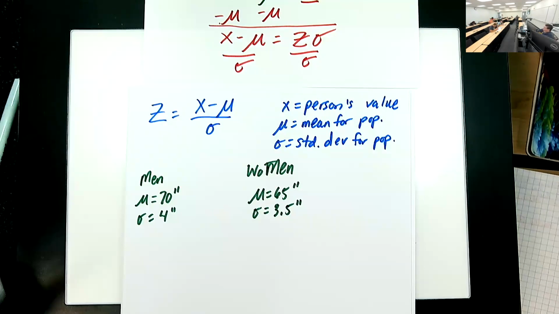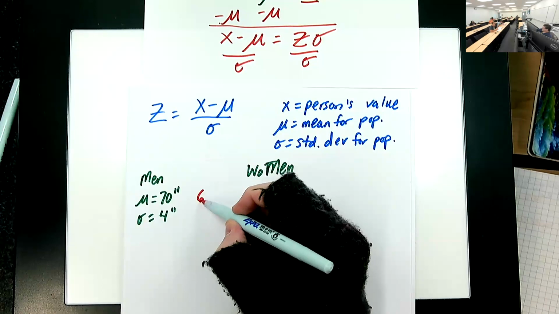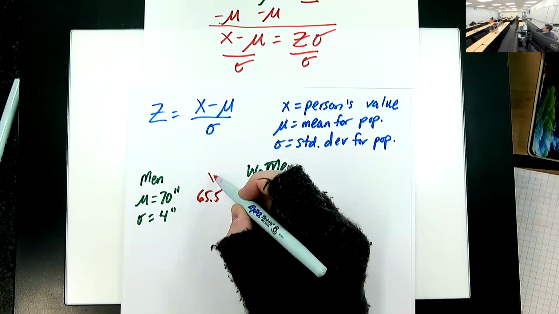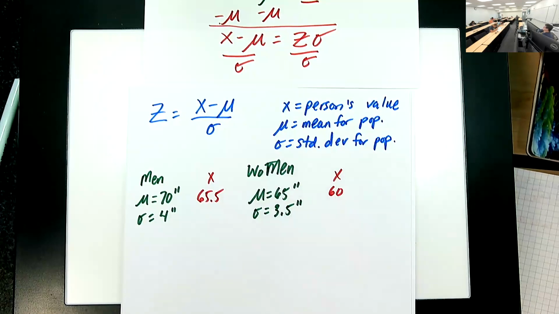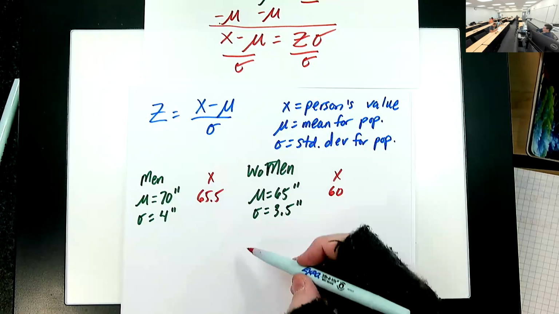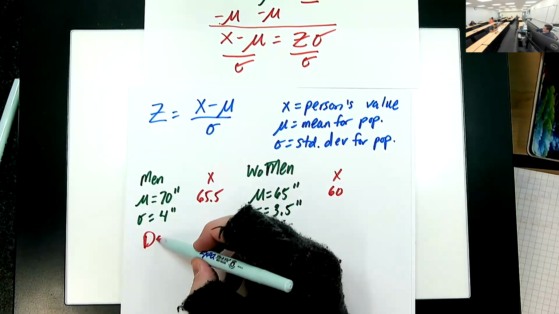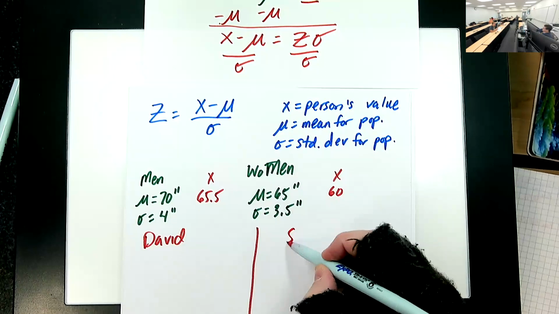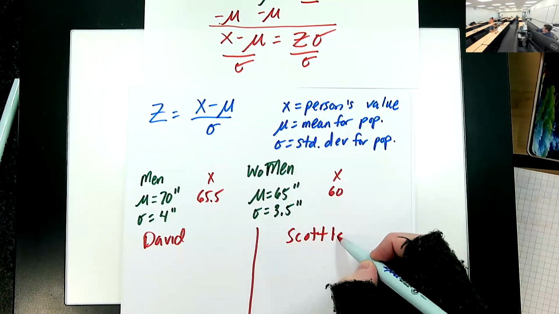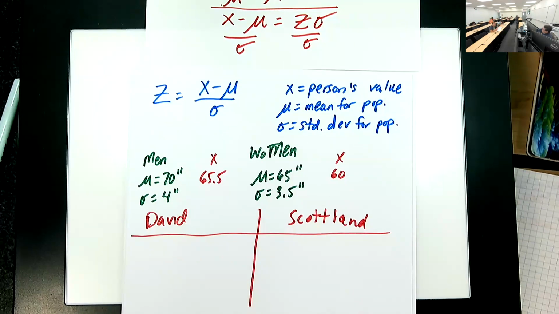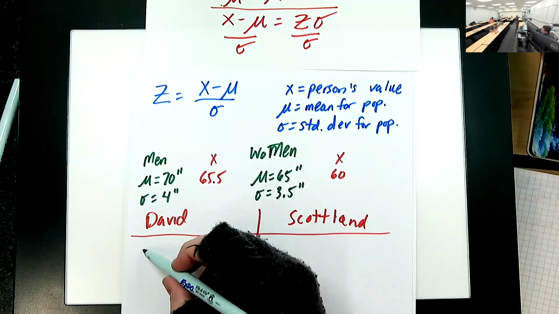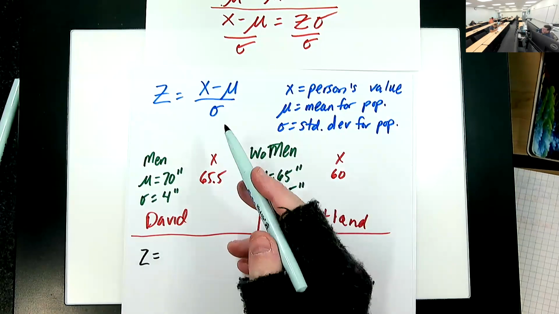So for me, I was at 65.5. That was my x. And her x was 60. Z equals, I got the formula up there.